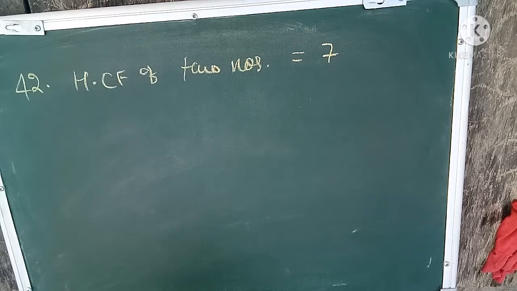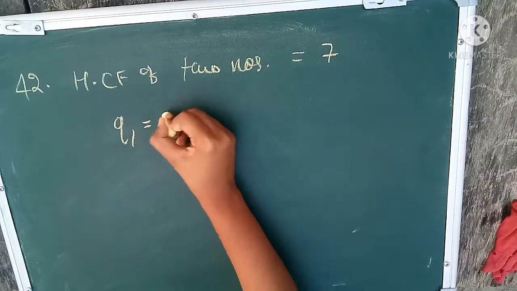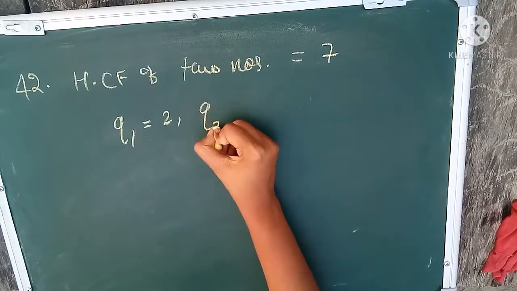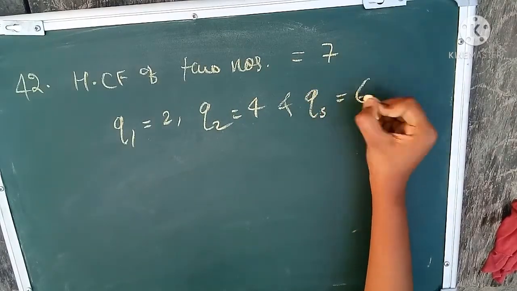The first three quotients are 2, 4 and 6. The HCF is found by the division method and it is done in three steps. So we have the first three quotients. Let's say that Q1 is equal to 2, Q2 is equal to 4 and Q3 is equal to 6.